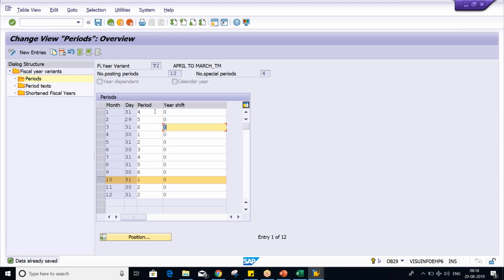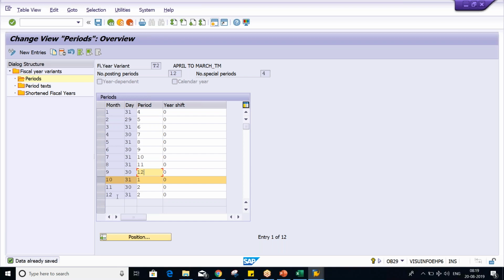Then here we have 7th, 8th, 9, 10, 11, and 12. September 2019 is the last period of this fiscal year.